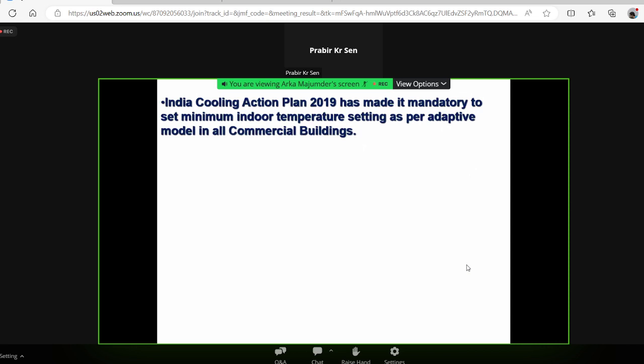ASHRAE, if you have seen that graph, the temperature they have suggested is between 24 to 26 degrees centigrade. Now, India has become very active. Government of India and Bureau of Energy Efficiency have become very active on power saving. If you set your air conditioner at lower temperature, you will be continuously consuming more power.